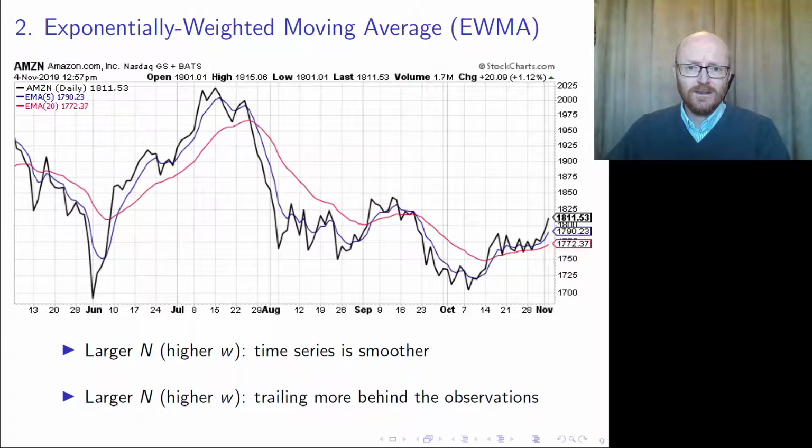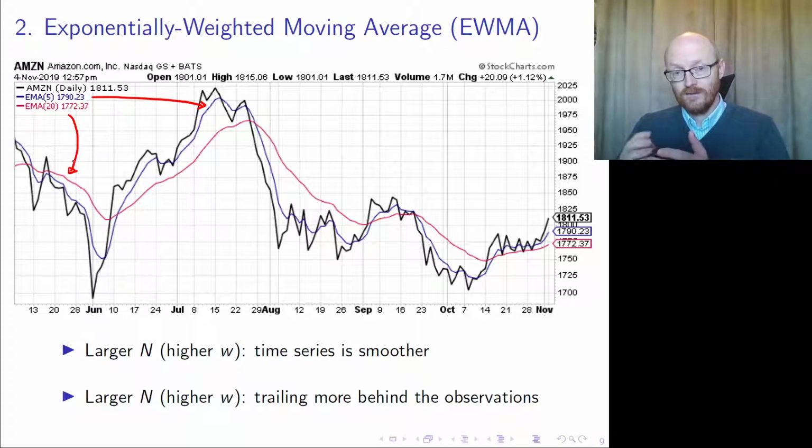And we can see that here, that the 5-day exponential moving average follows the price process quite snugly, and the exponential moving average with 20 days, which is the average weight of the days, has a much more gliding or smooth curve.